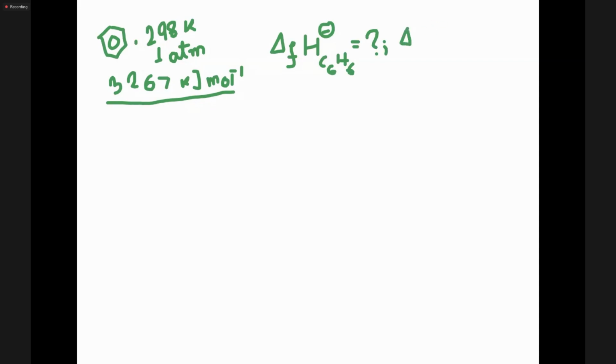So we have delta fH° of CO2, the value is given as minus 393.5 kilojoule per mole, and the same for H2O is given as minus 285.83 kilojoule per mole.